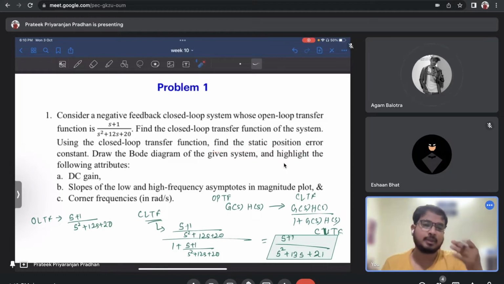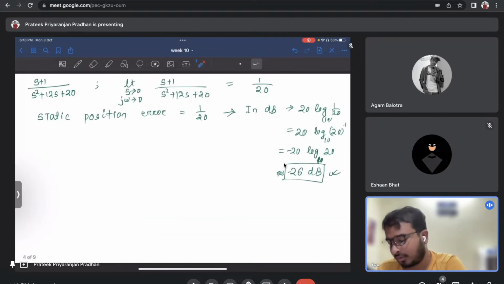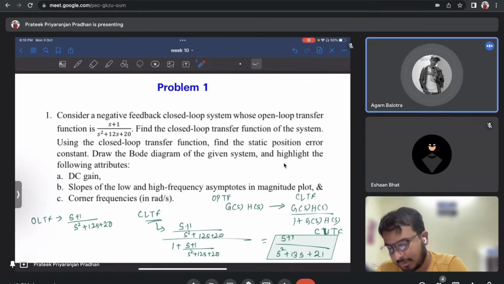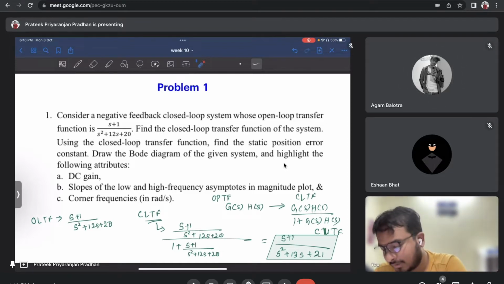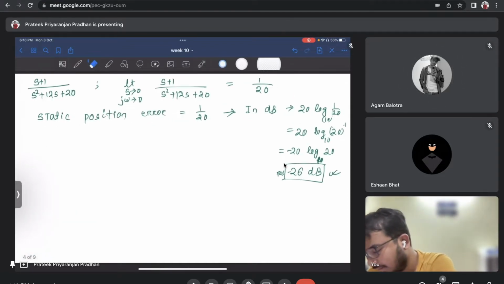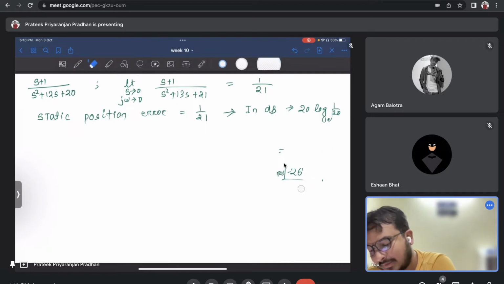Then you just need to verify, this is the closed loop transfer function, so it will be 1 by 21. Yes, you are correct. It should be 13s plus 21, so it will be 1 by 21. You just need to recalculate this in dB scale.